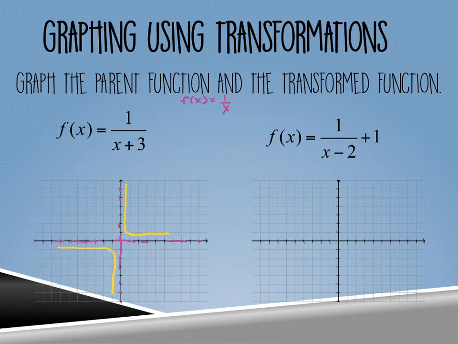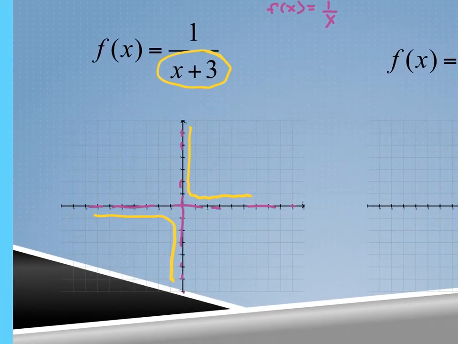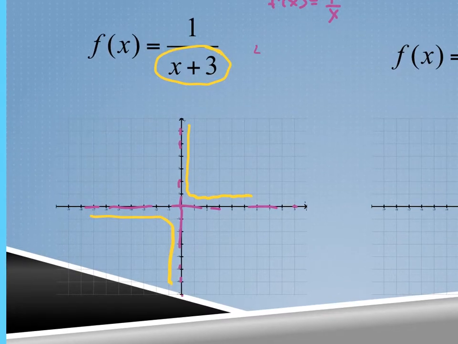So now what happens if I add something in the denominator? What's that transformation? It's like it being inside the parentheses. What does that do? Horizontal or vertical? Horizontal. Which direction? Left. So this is left 3 places. So we're saying all of that stuff got shifted left 3 places.